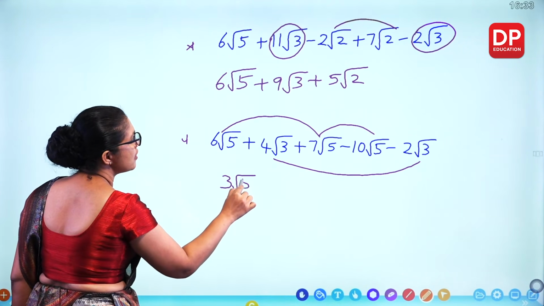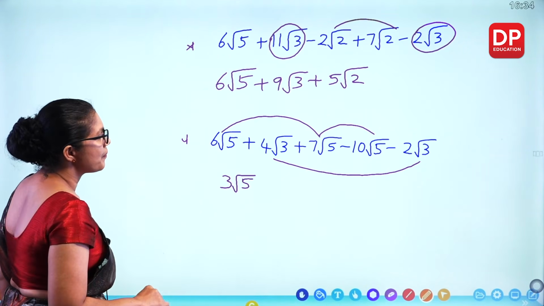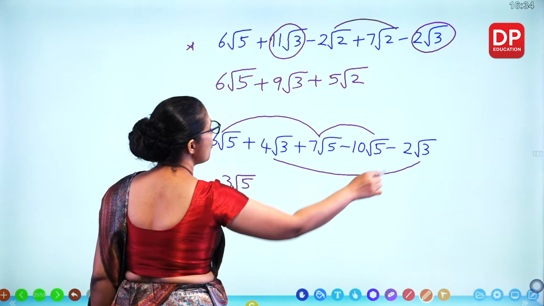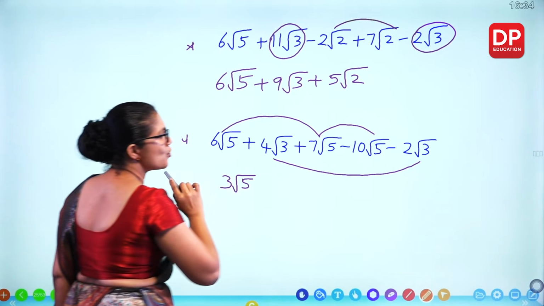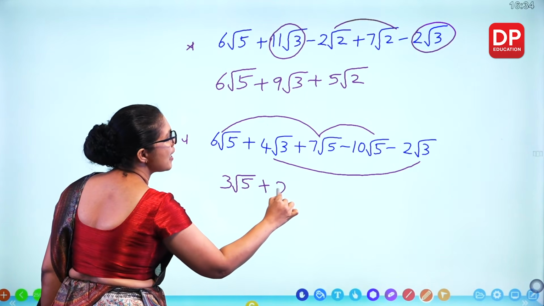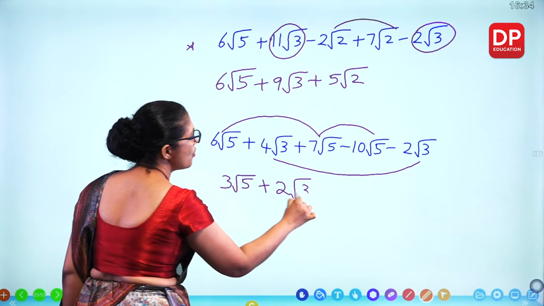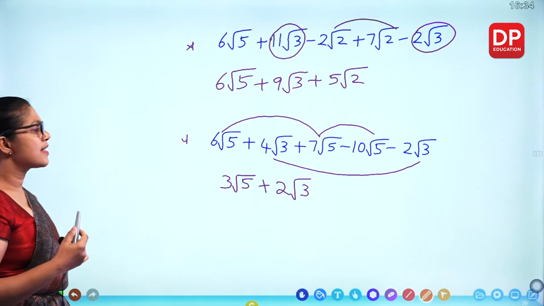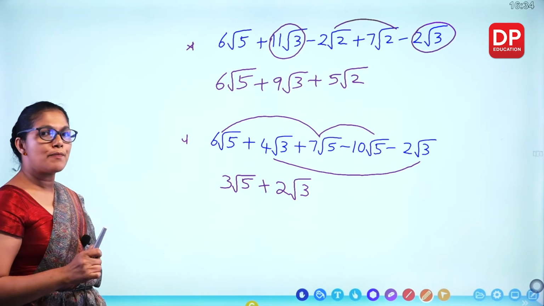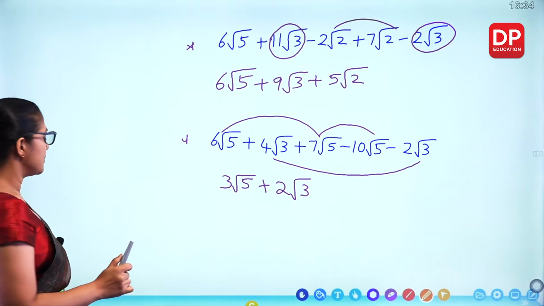So you get 3 root 5. What about these two? 4 minus 2. So 4 minus 2 becomes 2 root 3. So that's how you add or subtract surd values.